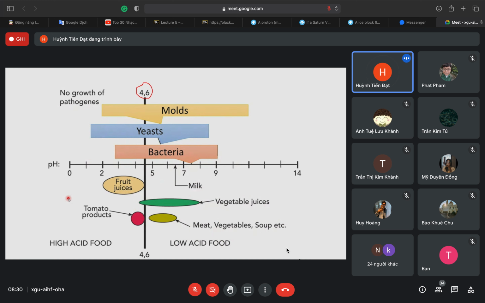Okay, so a question here. If we have a product, say milk, the food is milk. Do you think milk is subject to being spoiled by how many groups of microorganisms? Is it prone to spoilage, or hard to spoil?